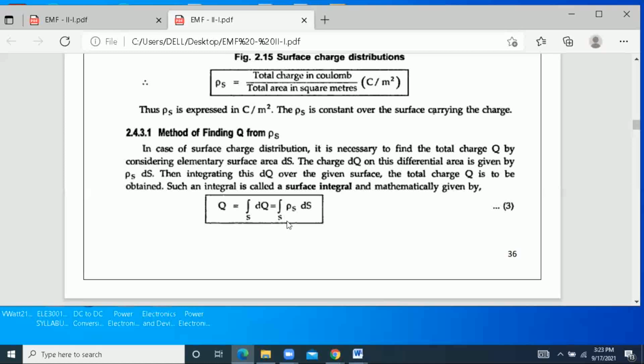But again, the mathematical expression for finding an area is the integral over the surface, dS. That's the area. So your total Q would be your surface charge density times your area.